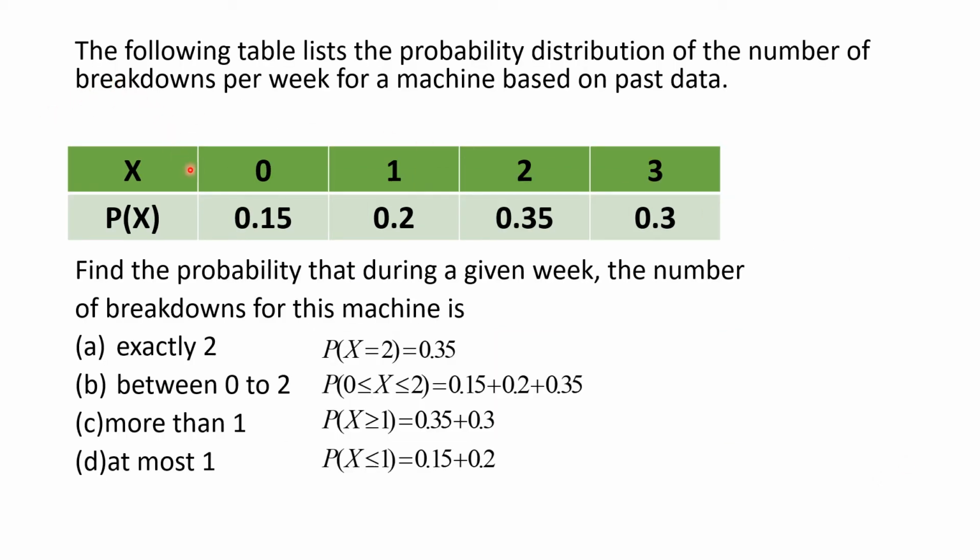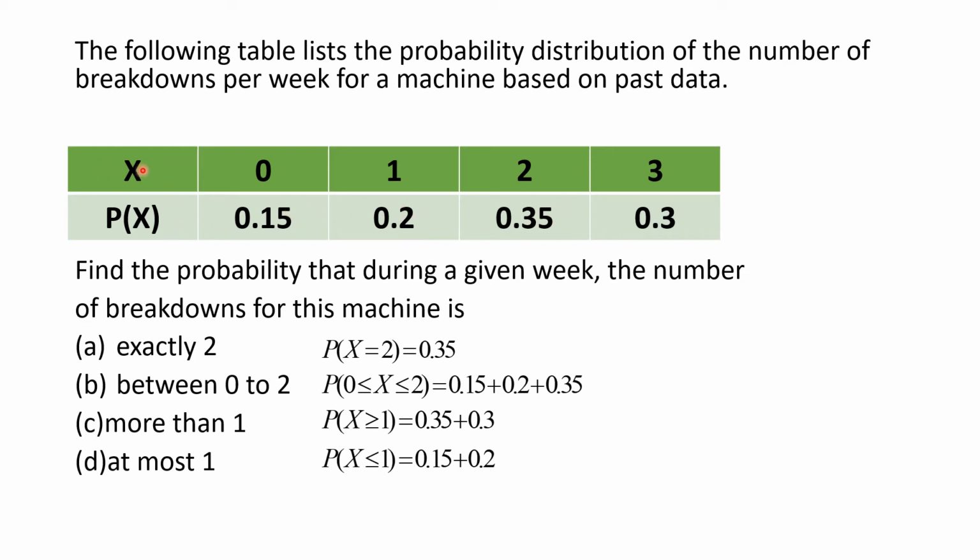So over here, we are going to focus on how we do calculations based on a probability distribution table. So for example, this is the number of breakdowns per week for a machine based on previous data.